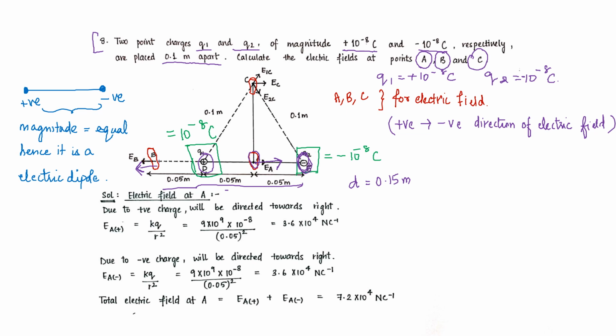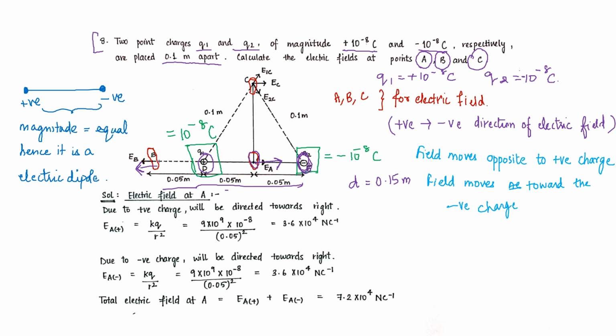Follow the blue lines. Field moves opposite to the positive charge and field moves towards the negative charge.